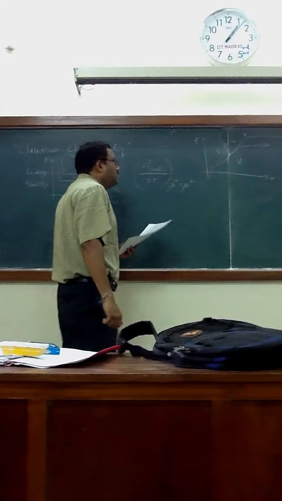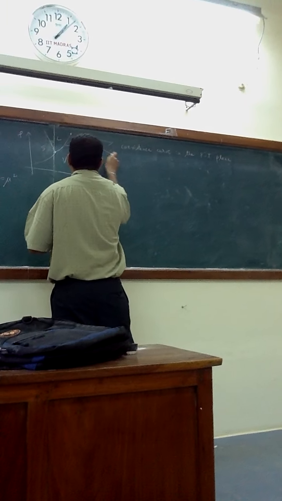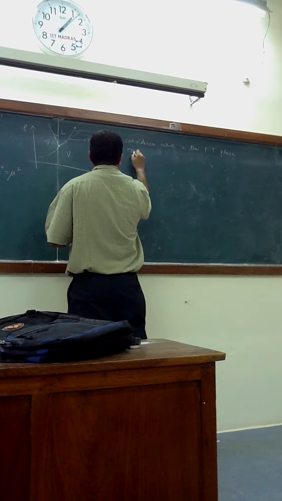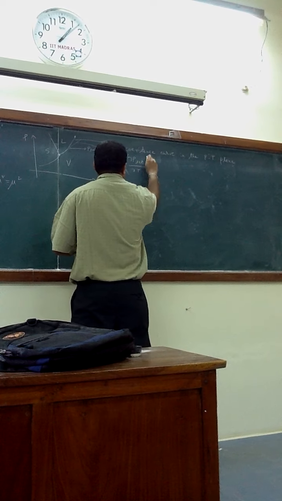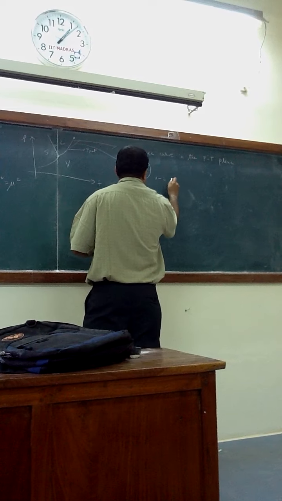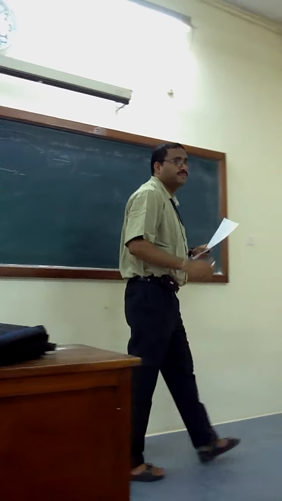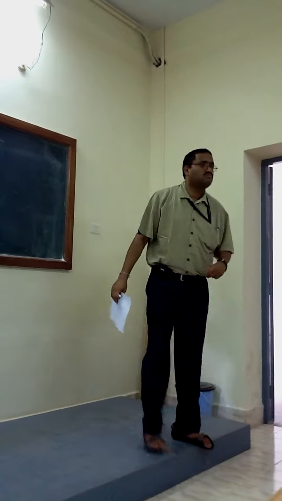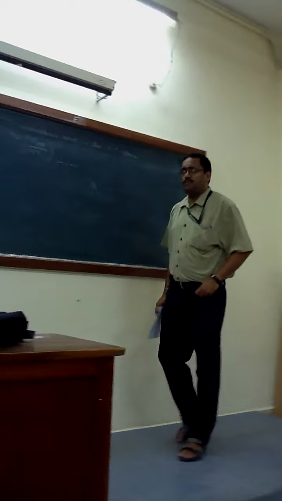And the slope, the tangent as I said, is giving dou P sat by dou T at equilibrium. This is vapor-liquid equilibrium. The tangent is giving dou P sat by dou T.